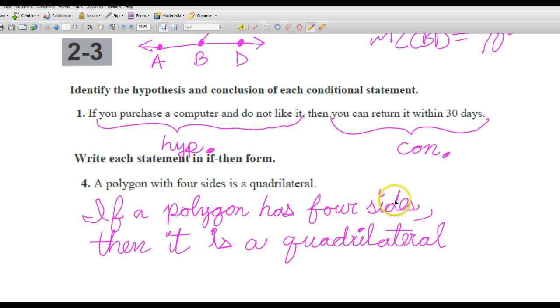So if a polygon has 4 sides, then it is a quadrilateral, would be the statement in if-then form.